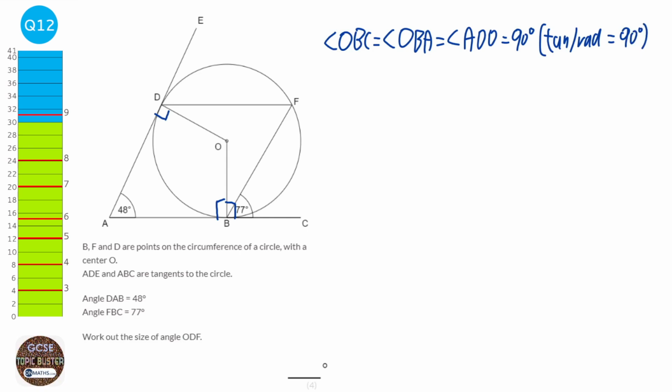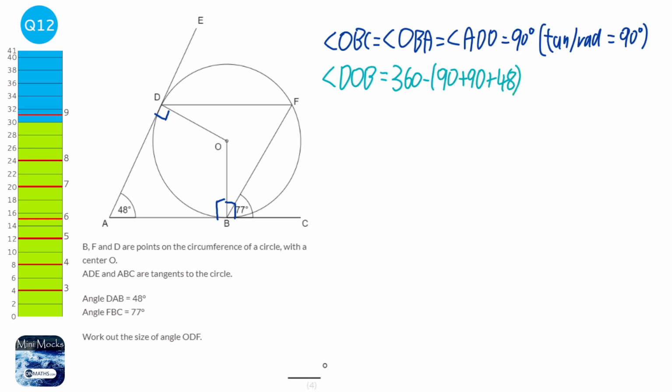Okay, so the first thing I'm realising is that there's a nice little quadrilateral here. And whenever we've got a quadrilateral and we've got 3 of the angles, we can work out the last one. So angle DOB is going to be 360 take away the angles that we know, so 90 plus 90 plus 48.